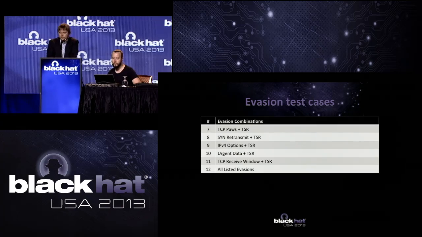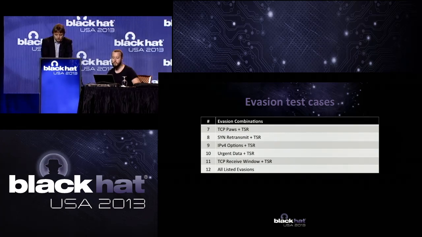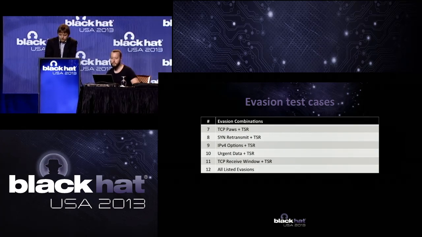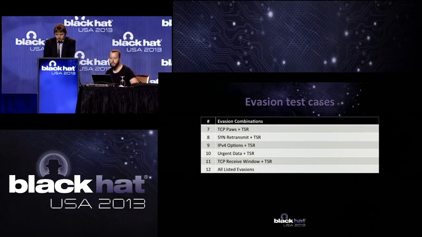So we used the same evasions again, but also used small TCP segmentation and reordering. So it's a combination of multiple evasion techniques. And then we also did these stages. So we also changed the evasions on different stages of the attack.